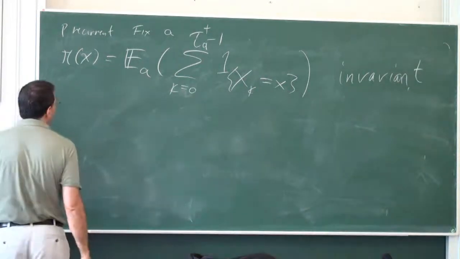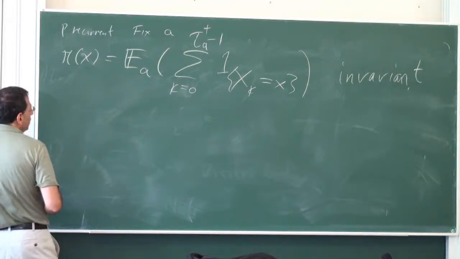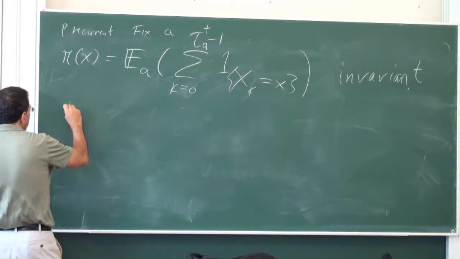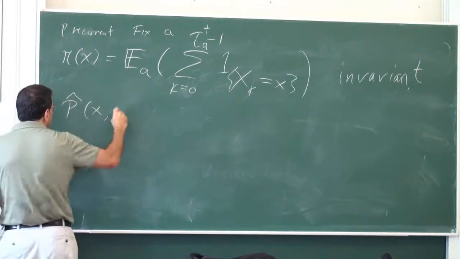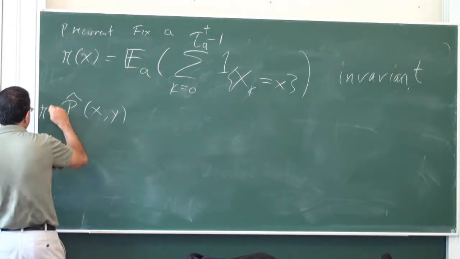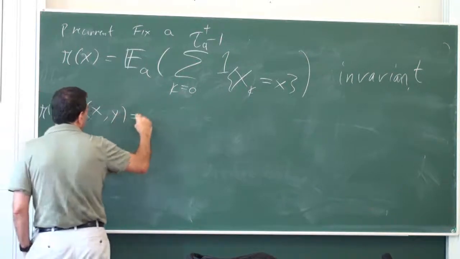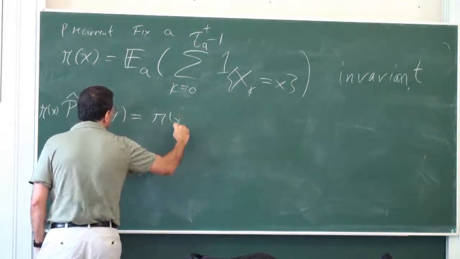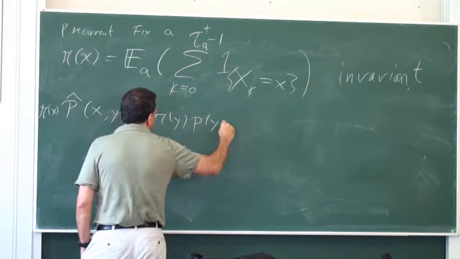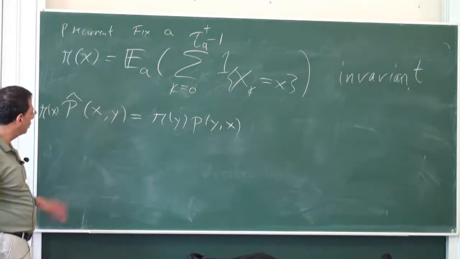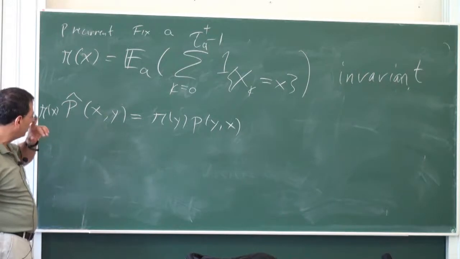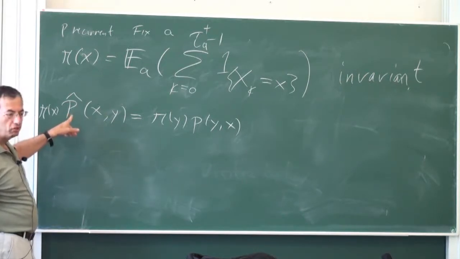Now you just define the time reversal with respect to pi. So p hat of xy is defined by pi of x times p hat xy equals pi of y pyx. Because pi is invariant, this defines good transition probabilities.